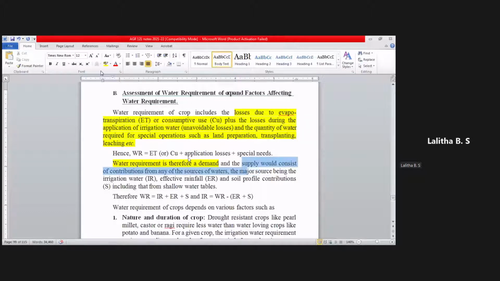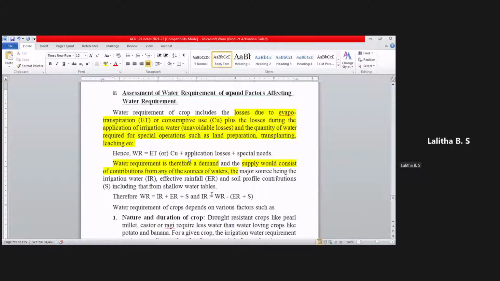Two equations I'm going to tell here. The water requirement is nothing but irrigation water plus ER, effective rainfall, plus S, water required for the special operations.